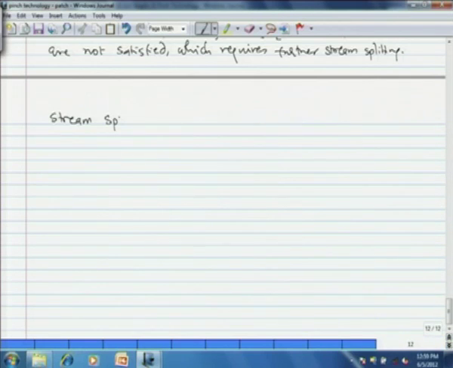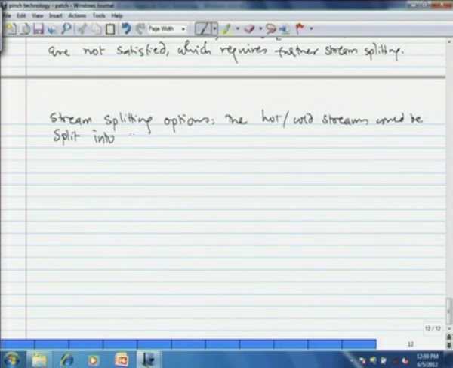Stream splitting options. The hot or cold streams could be split into branches with different CP value, still obeying the CP constraint.